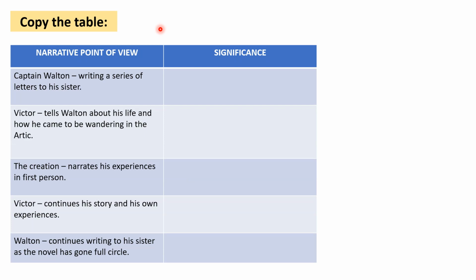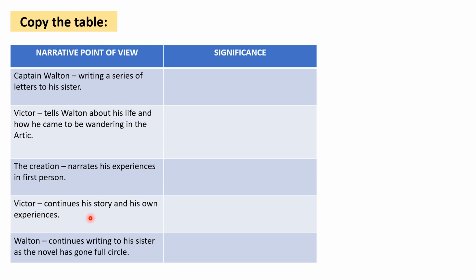So we have this table here that tells us the narrative points of view in order. Initially we see Captain Walton's point of view through the letters, then that shifts to Victor, who tells Walton about his life and ultimately how he came to be wandering in the Arctic. Then we switch to the creation, who narrates his experiences in first person, being I, me, we, us.